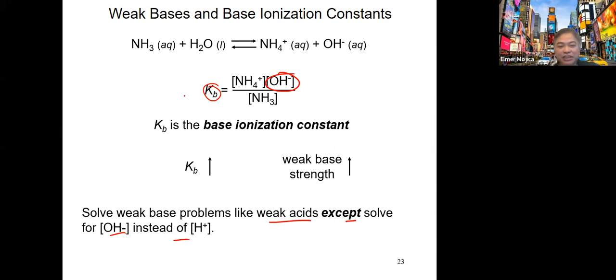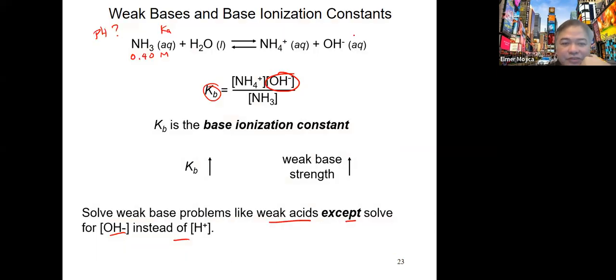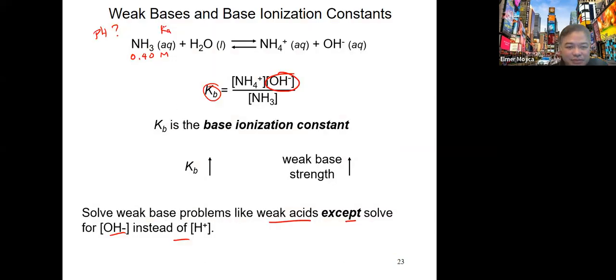For the sample that I have here, what if the initial concentration is 0.4 molar? What is the pH? Given the Kb of ammonia, 1.8 times 10 to the negative 5.